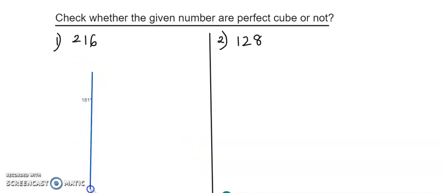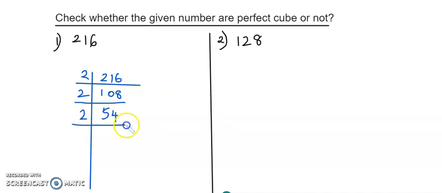So 216, right? So let's start. 216: 2s are 108, 2s are 54, 2s are 27, 3s are 9, 3s are 3, 3s are 1.